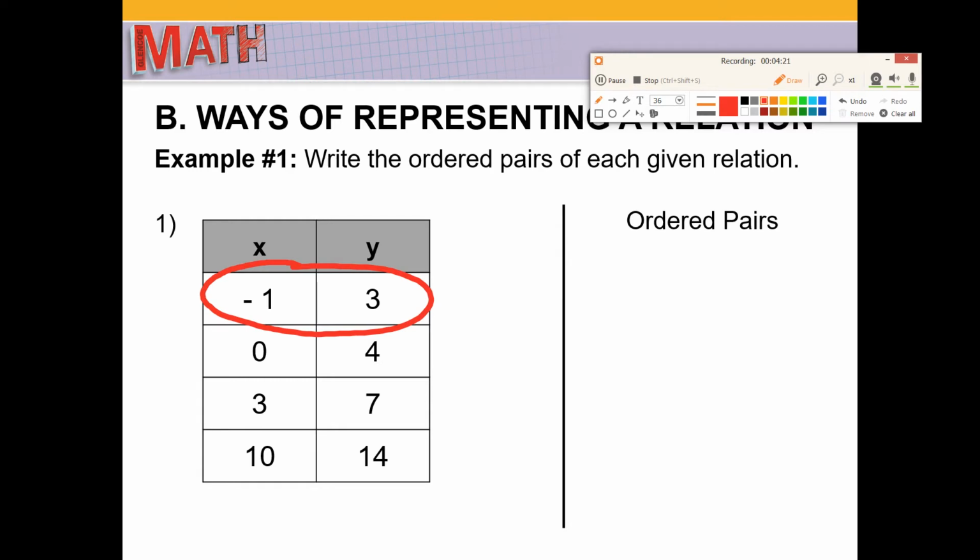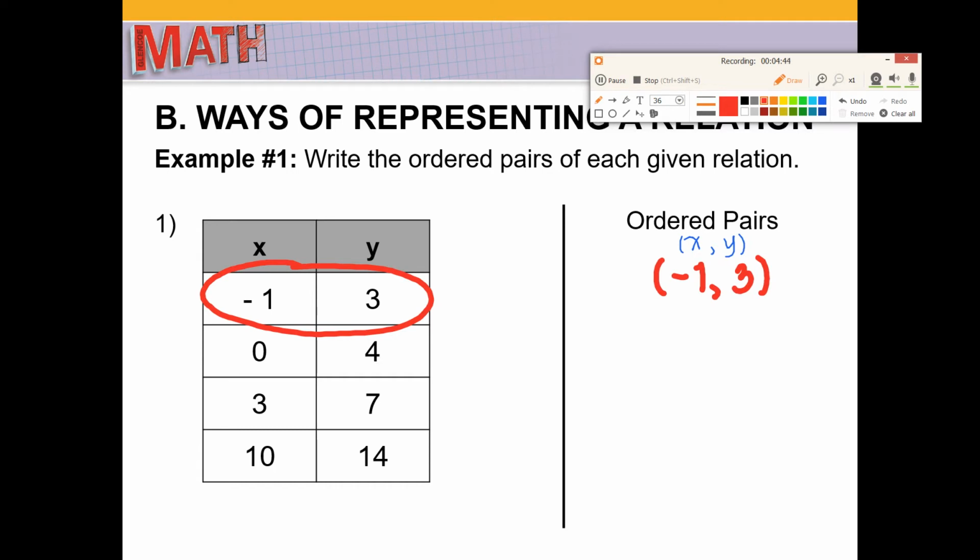And our first ordered pair is negative 1 and 3. To write it in ordered pairs, you just have to write the X first and again the Y. Always in that format, X, comma, Y. Keep that in mind.